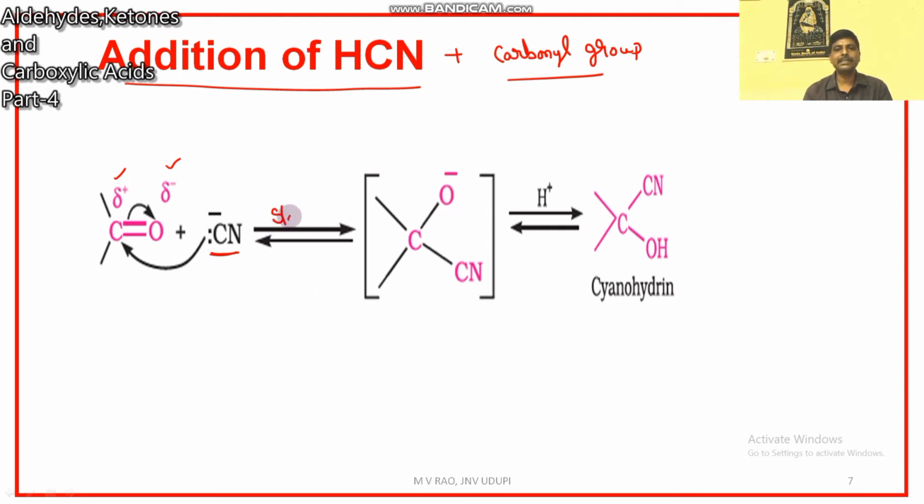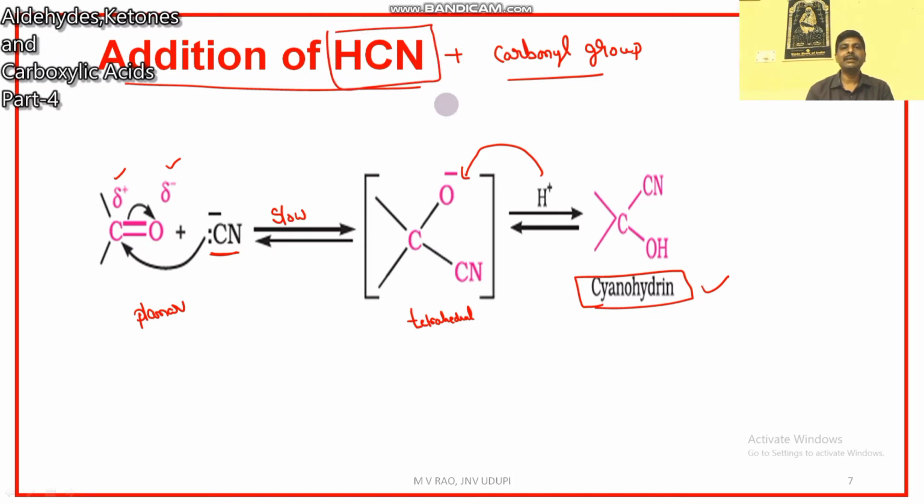This step is the slow step, the rate determining step. After that this H plus will add to O minus. You will get cyanohydrin. The carbonyl is planar, and the intermediate is tetrahedral. If HCN is the reagent, the product is cyanohydrin.